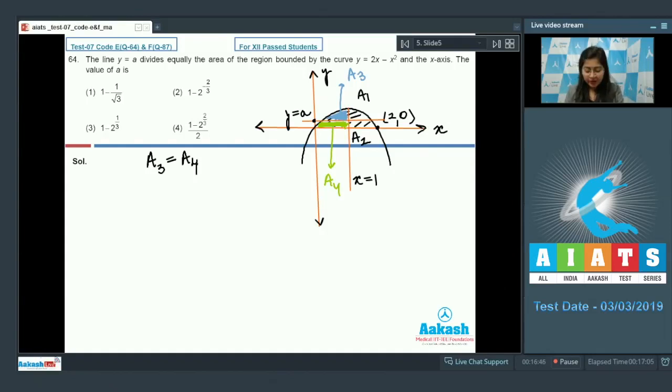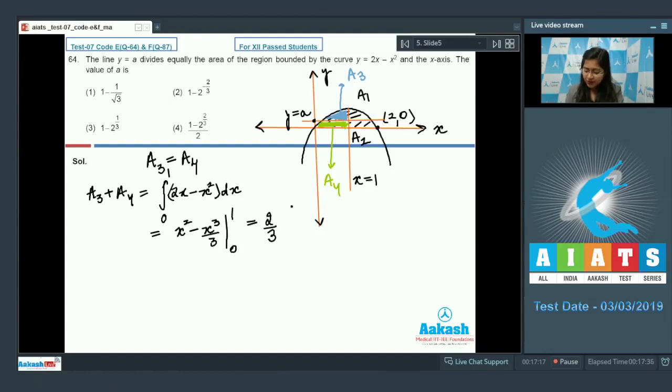Let us first find the whole area, that is A3 plus A4. That will be equal to the integration of 2x minus x square dx when x is going from 0 to 1. So this will be equal to the integral of 2x, which is 2x square upon 2, so it will be x square minus x cube upon 3, and the integral is going from 0 to 1. So this will be equal to 1 minus 1 by 3, that is equal to 2 by 3.